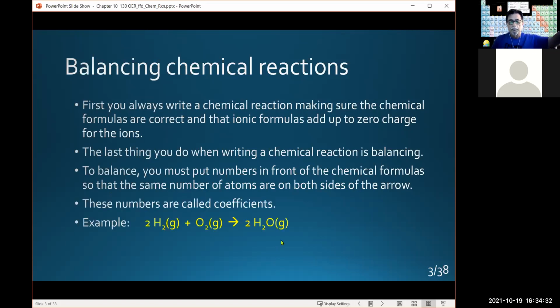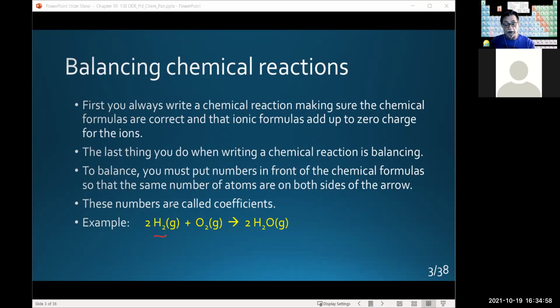So, for example, let's take a look at this reaction. It's a very good reaction. It's well known, in that if you take hydrogen gas and you light it up, you're going to have a big boom. Notice I said hydrogen gas is diatomic.